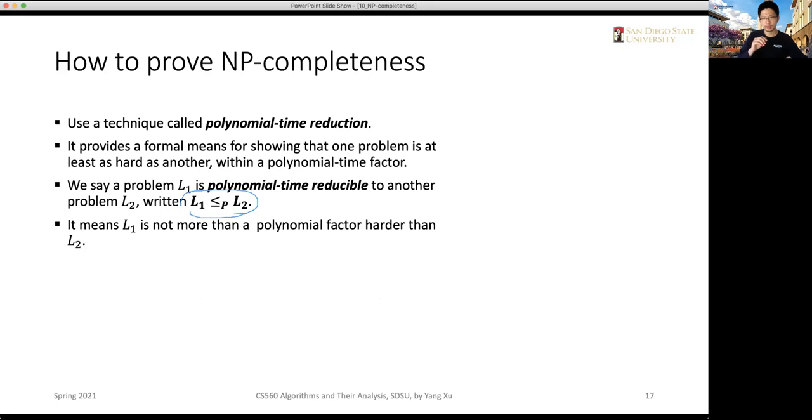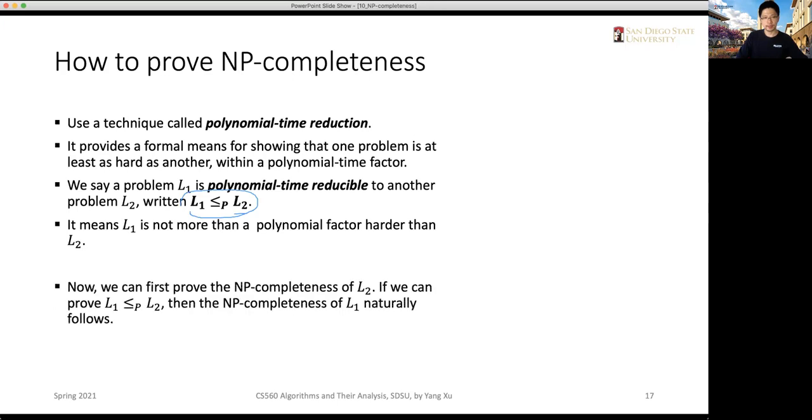That means L1 is not more than a polynomial factor harder than L2. So if we can reduce L1 to L2, and we have first proven that L2 is an NP-complete problem, then the NP-completeness of L1 is also proven.